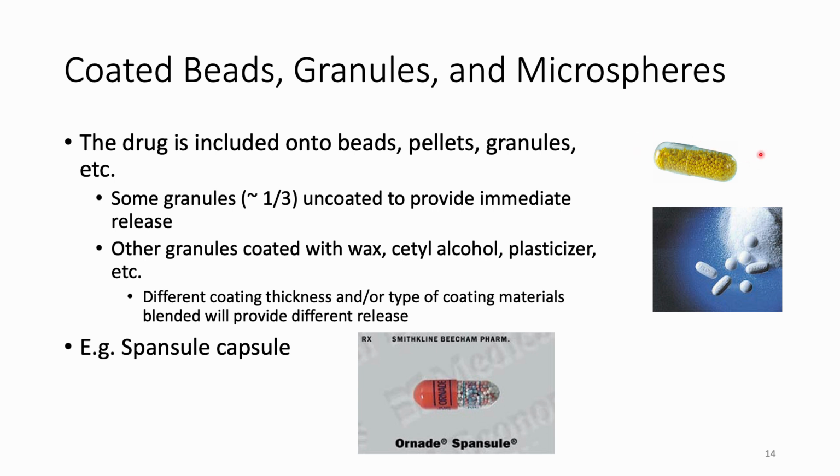For example, for the Spansule capsule, one single dose contains different kinds of granules. About one third of the granules in the capsule are uncoated, so they can provide the drug immediately, releasing right after disintegration. Other granules have different coatings, in different thicknesses.